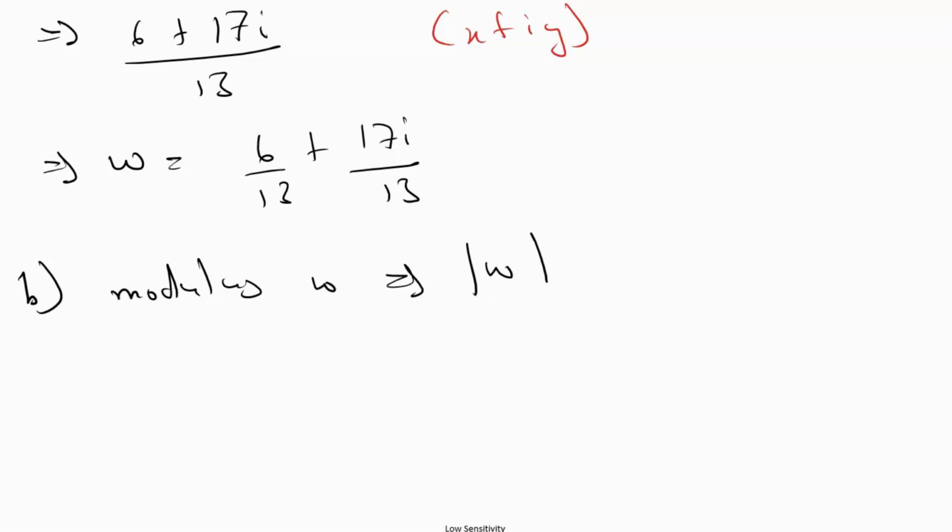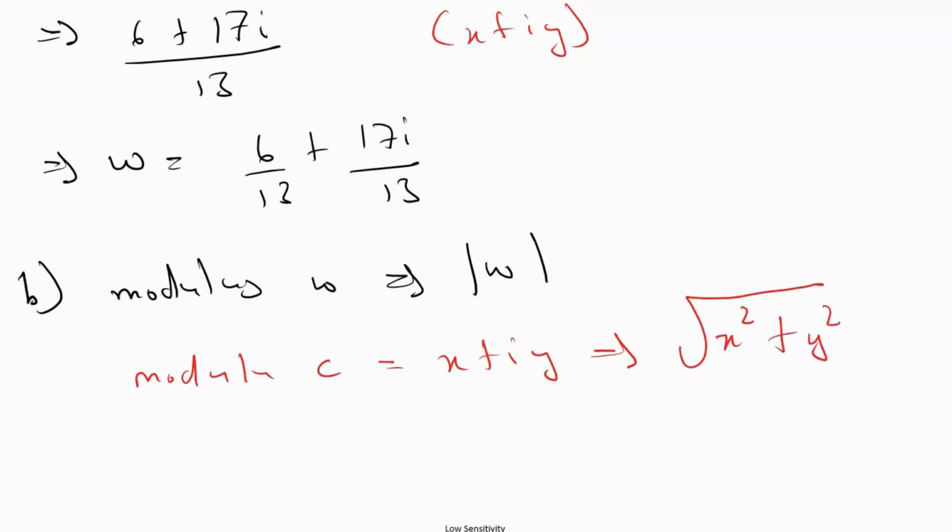We know that the modulus of a complex number c, which is given by x plus iy, is equal to the square root of x squared plus y squared. So let's continue on the second question, B. We're given that w equals 6 over 13 plus 17i over 13.